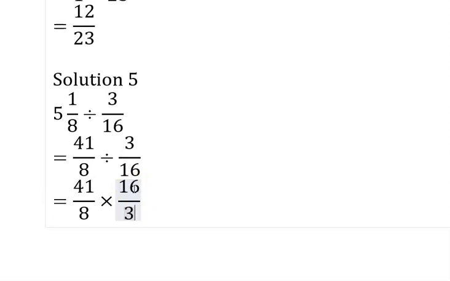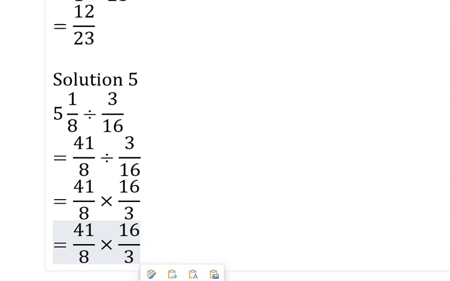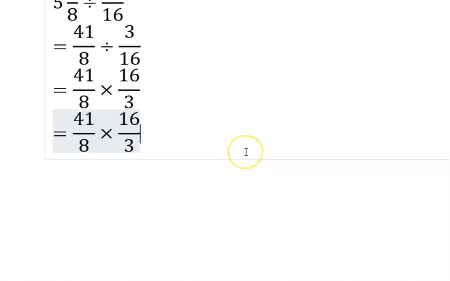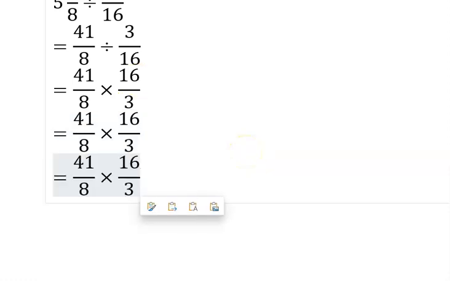So we now have 16 over 3 on our right hand side. So can we cut to get smaller numbers? Let's see numbers that we can work with.